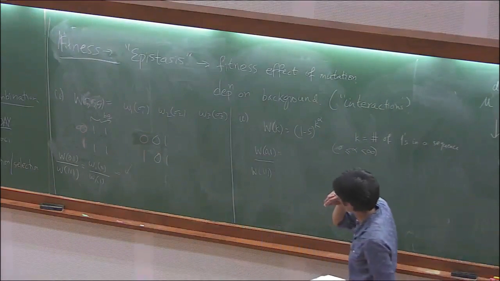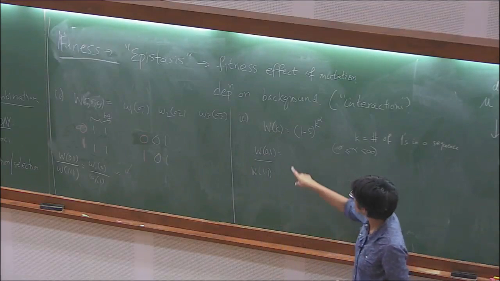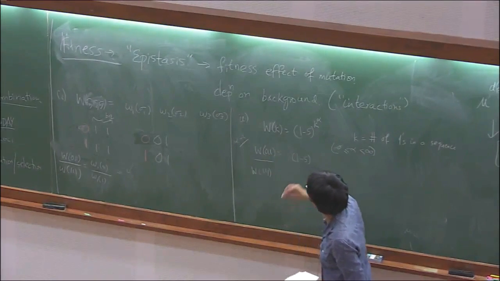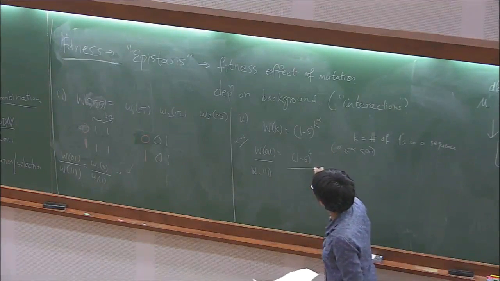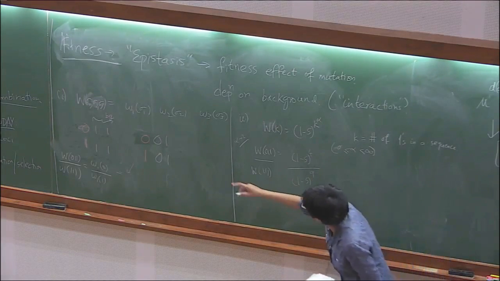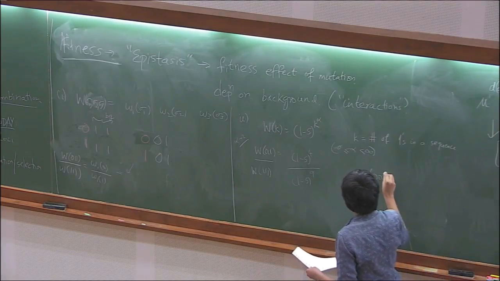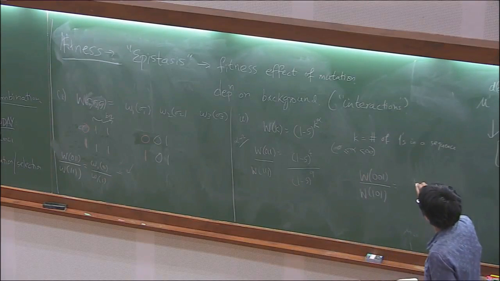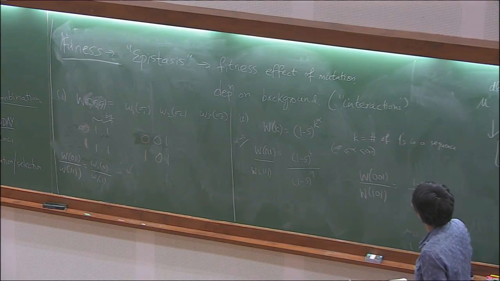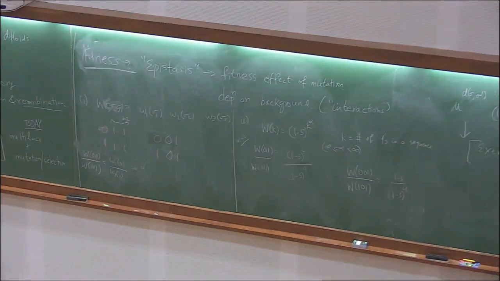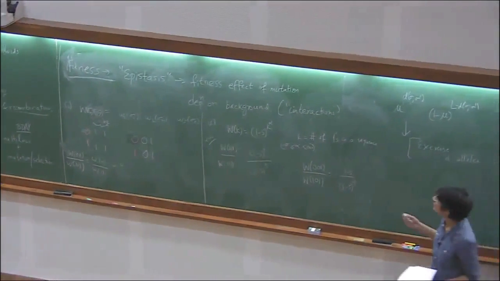The number of ones is 2, so let's say alpha is 2, for simplicity. So K is 2, giving 4, and for 3, 9. What about the other one? K is 1, giving 2. The ratio is not the same. Except when alpha is 1, then there is no epistasis.